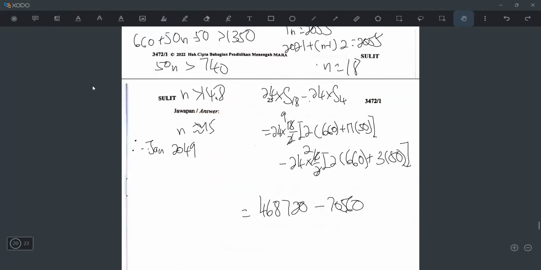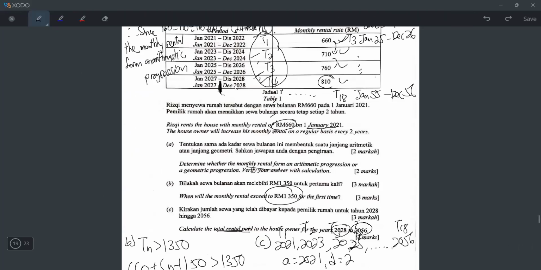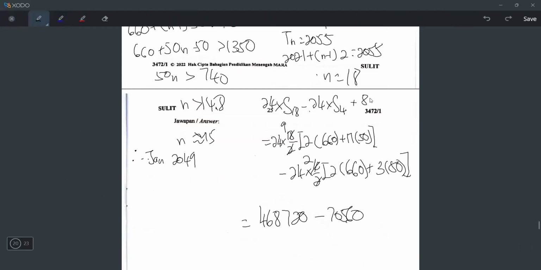But of course, this is not the answer. You still have to plus with what? Do you remember I said just now you have to plus with the 12 months he stays in between here. So it means that 810 times 6. It means actually this is not complete. I still have to plus with 810 times 6. Not plus here lah. You will plus here actually.